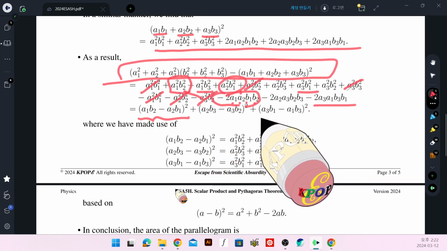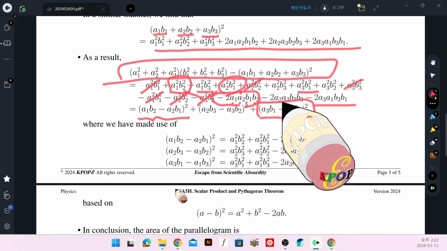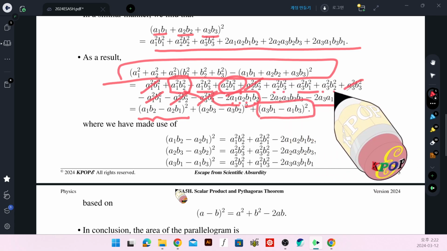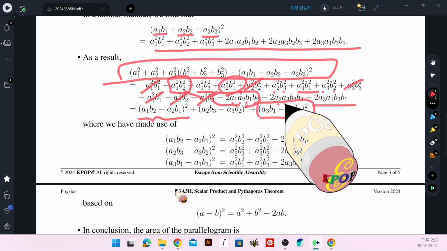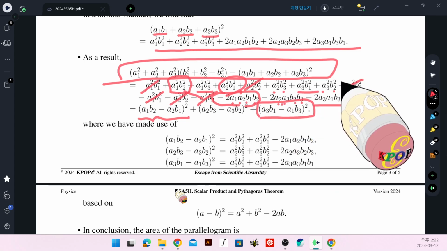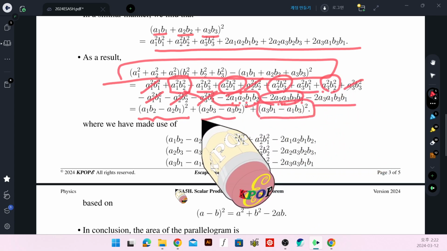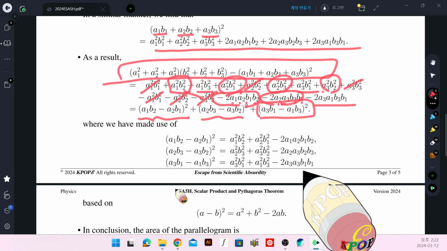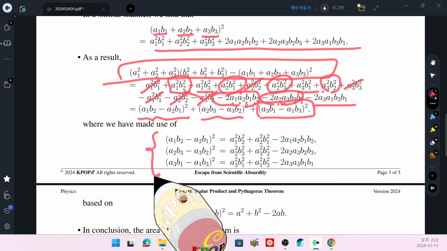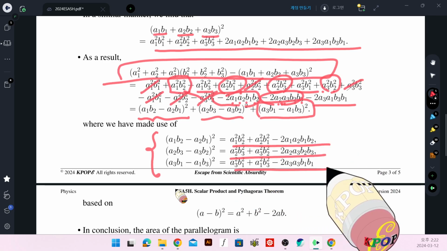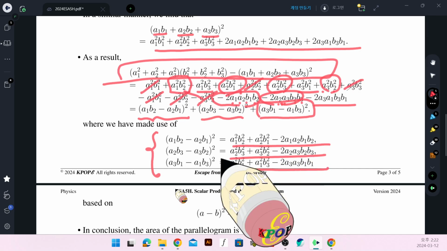So they construct a square, and the remaining three terms, 2, 3, 3, 2, 2, 3, 2, 3, 3, 2, construct the squared expression. Okay, so what we have made use of is these three identities.